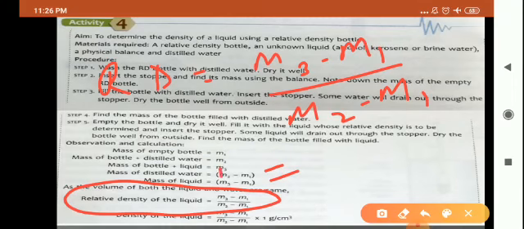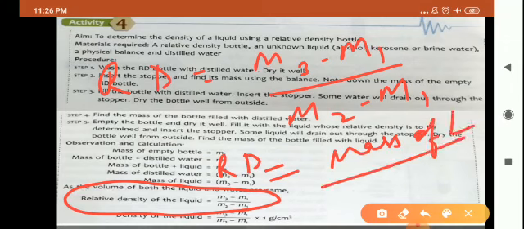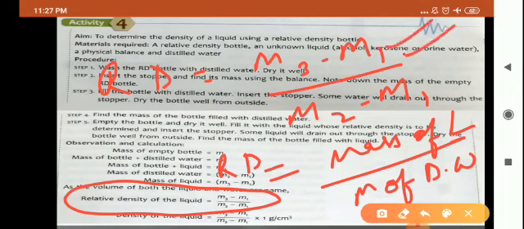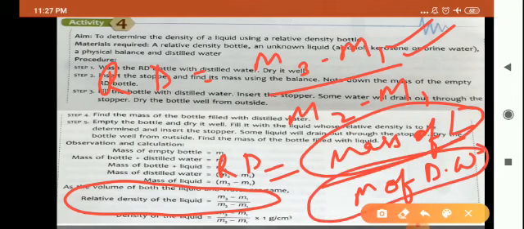It is the mass of the liquid, divided by the mass of distilled water. So is it the same thing as the definition of RD or not? This is the way you can determine the relative density of the unknown liquid. So the relative density of the unknown liquid, in terms of mass, is the mass of liquid upon the mass of distilled water at 4 degrees Celsius.